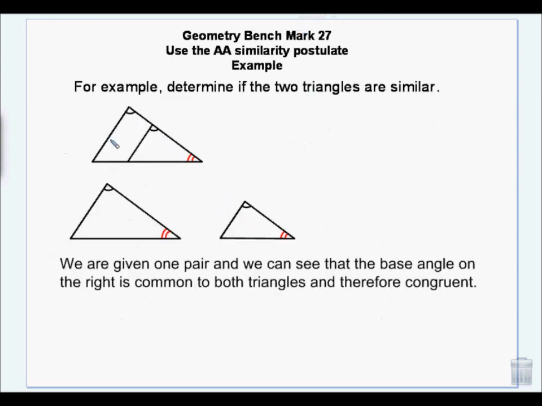To determine if these two triangles are similar, that are combined together, I'm showing that these two angles are congruent, and then I have this common angle. I take them apart, and I draw two separate triangles. I have one pair of congruent angles and two pairs of congruent angles.